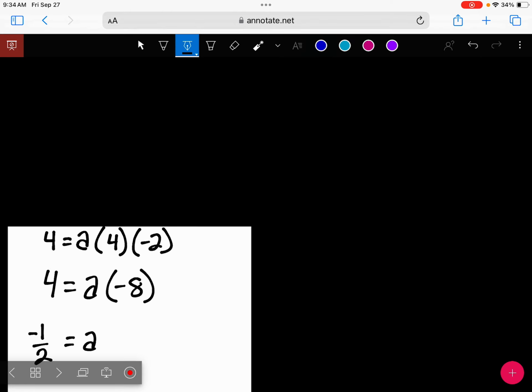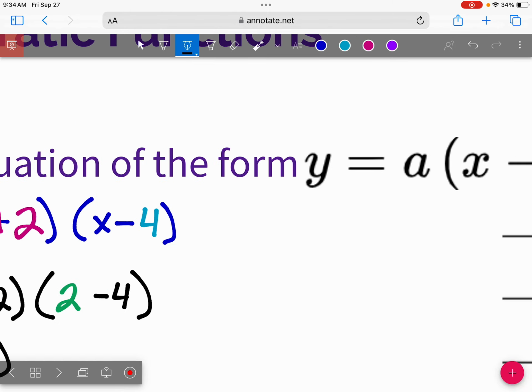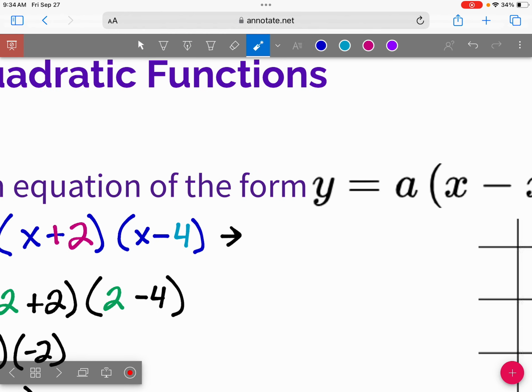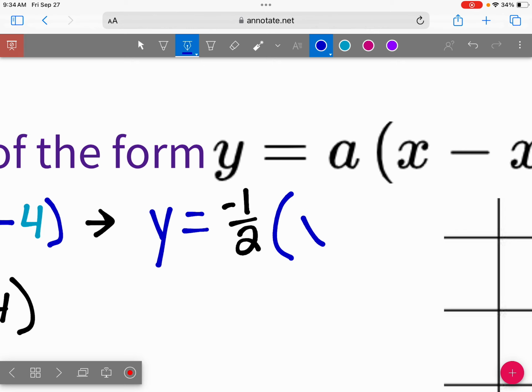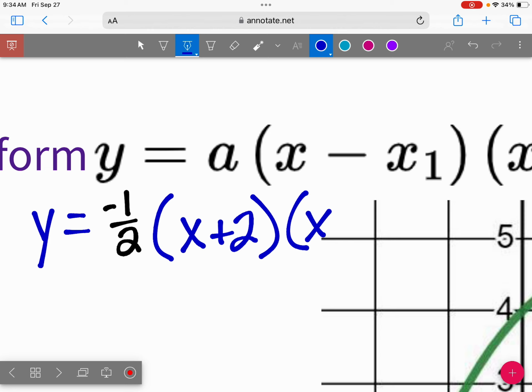So we're going to put it back into our factored form because they specifically said they wanted a factored form equation. Up here, find the equation in the form of this. They just didn't call it factored form. So they want this, but with all the things filled in but x and y. So our y equals our a of -1/2 of x plus 2, x minus 4.